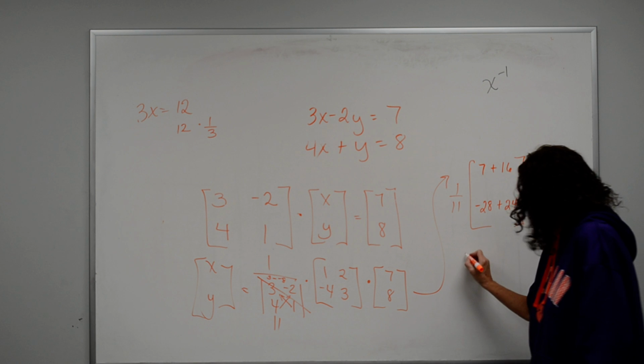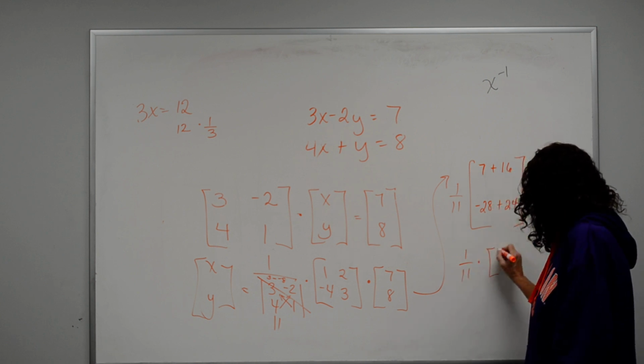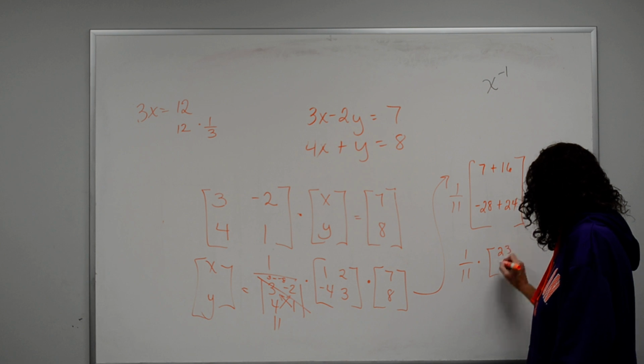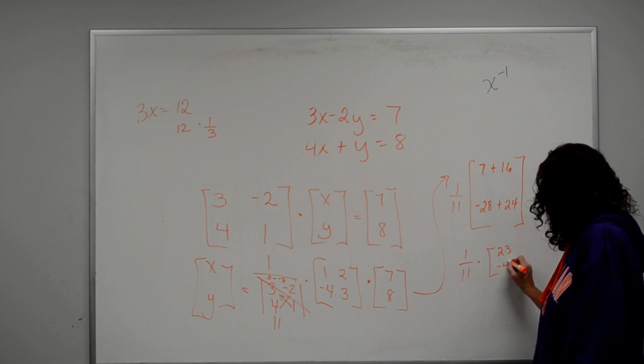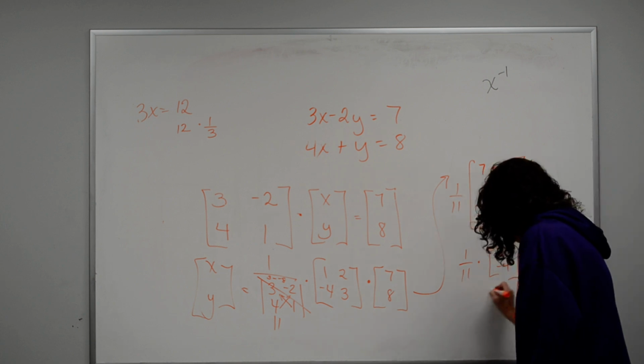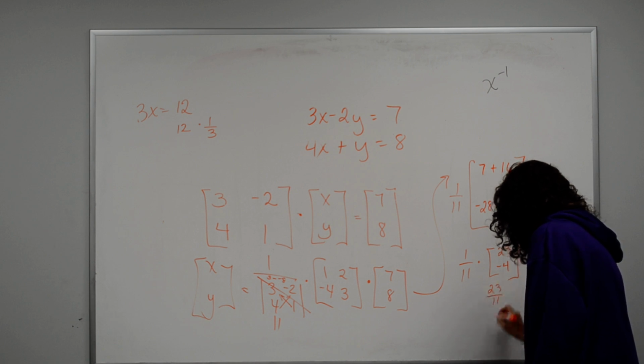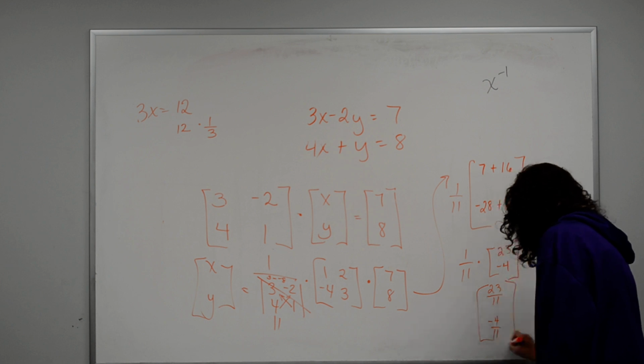So I have 1/11th times 23, and then on the bottom I'm going to have a negative 4. You with me so far? So when I multiply that, I'm going to have 23/11 and negative 4/11.